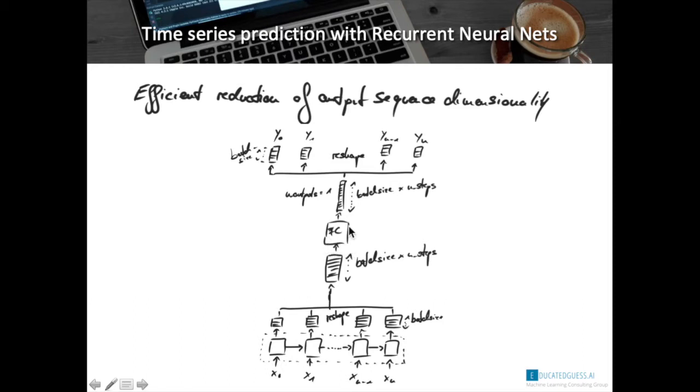So in contrast to the naive previous approach, we only need a single fully connected layer here. And again, then we get our individual output values of the same length, batch size times n steps, as output.